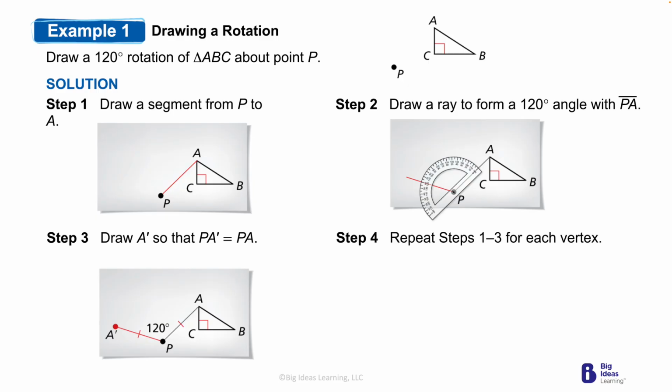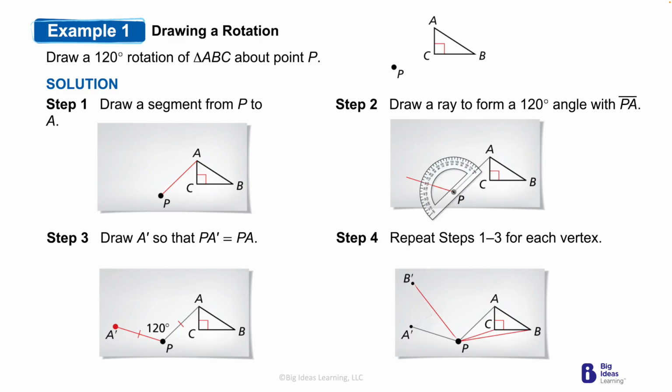Then repeat those steps for the two other vertices. So you draw a segment to B. The protractor lines up and makes a 120 degree angle. You put B prime. And again, you make sure the segment is the same length. If it's not the same length, you're wrong.